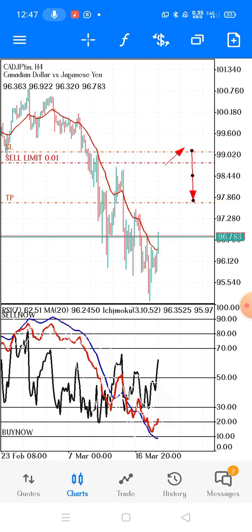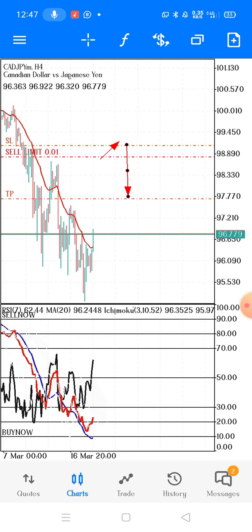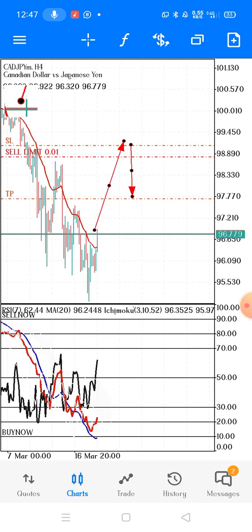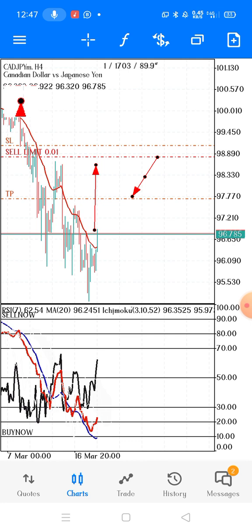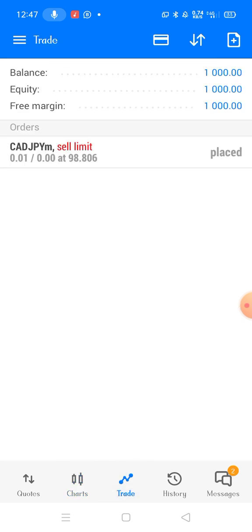We take profit here. Now it's moving up. When it hits here, then it comes down and takes our take profit, and we are good to go. So this is how you place your trade.